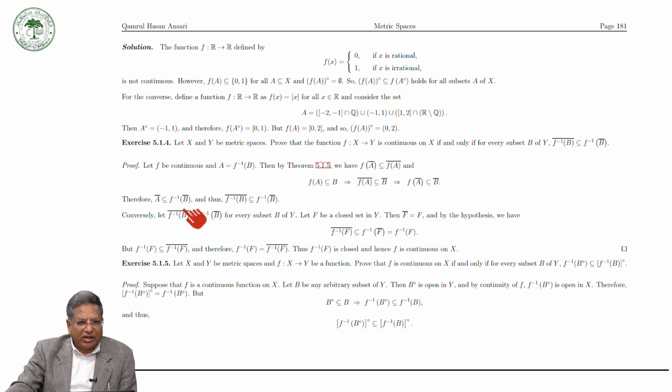And then you can take the closure of A, which is a subset of this one. So we have this one.